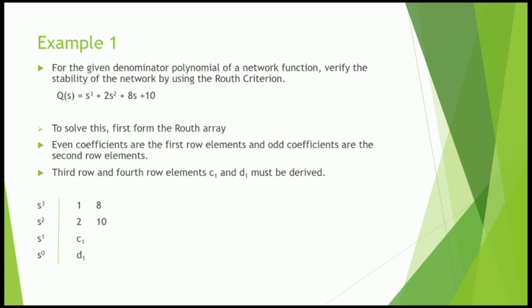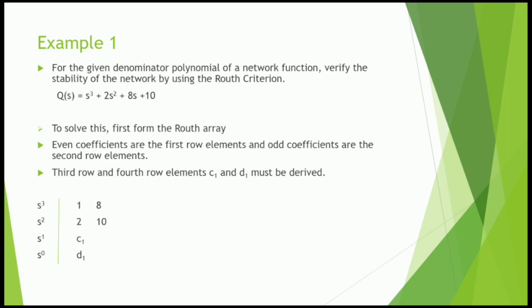Consider the denominator polynomial of the network function, which is q of s equal to s cube plus 2s square plus 8s plus 10. We have to determine the stability of this network by using the Routh criterion. For that, first we form the Routh array.